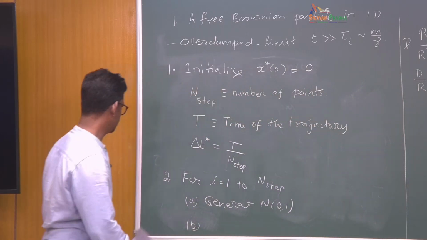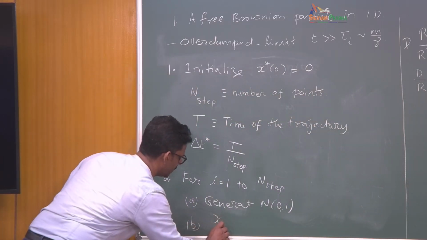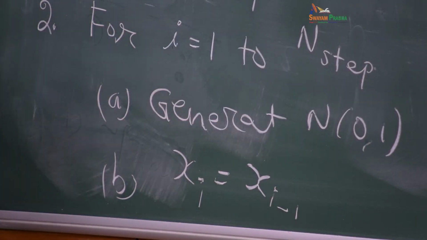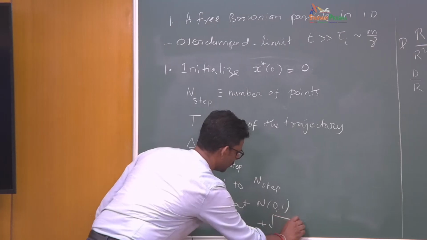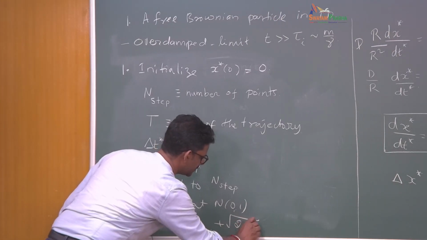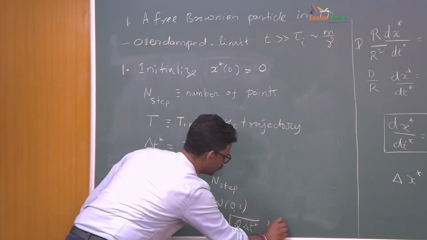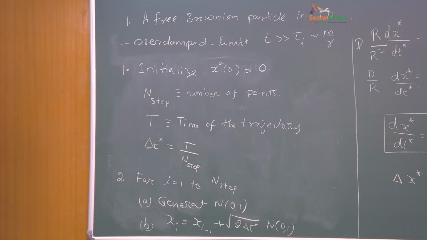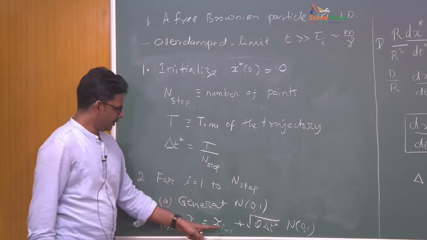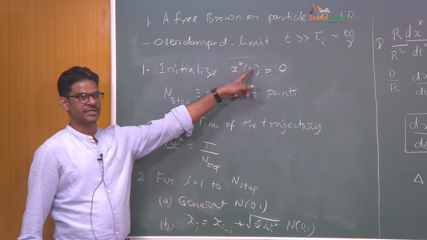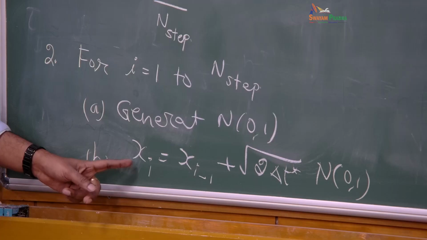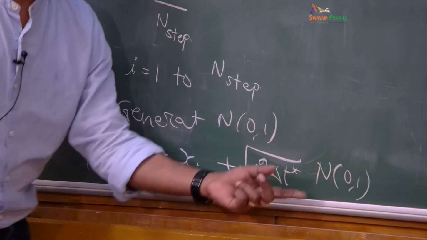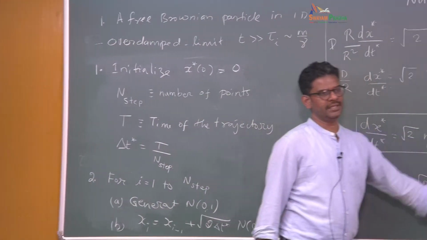You write x of i equals x of i minus 1, that is the previous step, plus square root of 2 delta t star times N of 0 comma 1. When i is equal to 1, you use the initial position mentioned here. When i is equal to 2, you write x2 equals x1, the previous position, plus this term, which is the delta x, the increment in the x position.